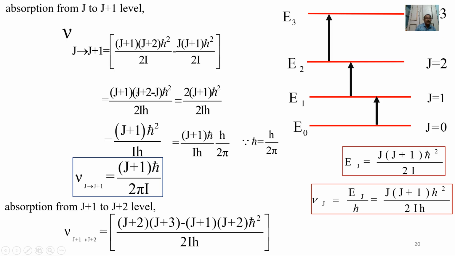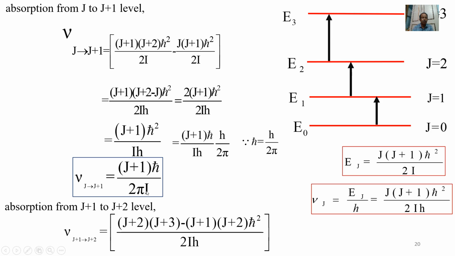This J and minus J will get cancelled. We have 2 times J plus 1 divided by 2Ih. This 2 and this 2 will get cancelled. So we have J plus 1 h bar square divided by Ih. So for one h bar, I can write h divided by 2 pi, and this h will get cancelled. So we have nu J to J plus 1 will give us J plus 1 h bar divided by 2 pi I.